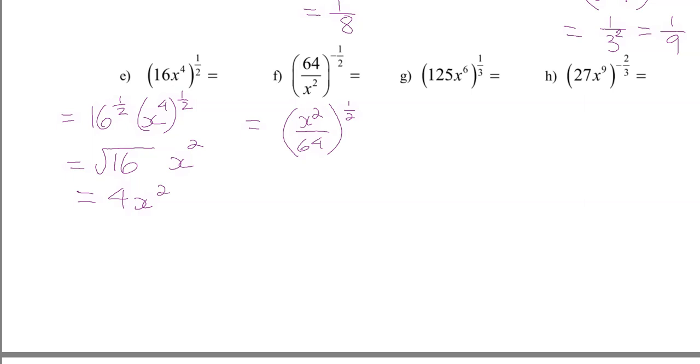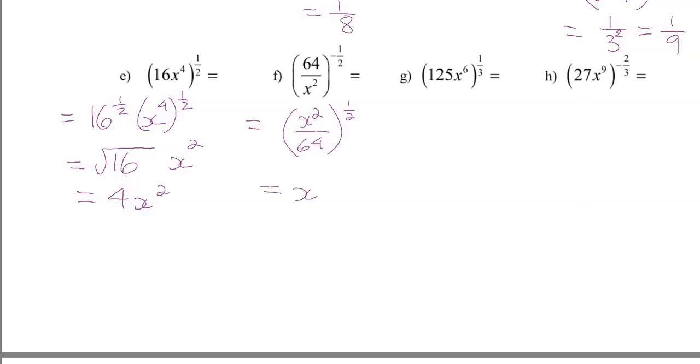It's a quotient to a power, so we could write it as 64 to the negative 1/2 over x squared to the negative 1/2. Then we'll make them positive by taking the 64 into the denominator and taking the x squared into the numerator. But when we see that fraction and a negative exponent, we can just flip the fraction, take the reciprocal of this, and turn that to a positive exponent.